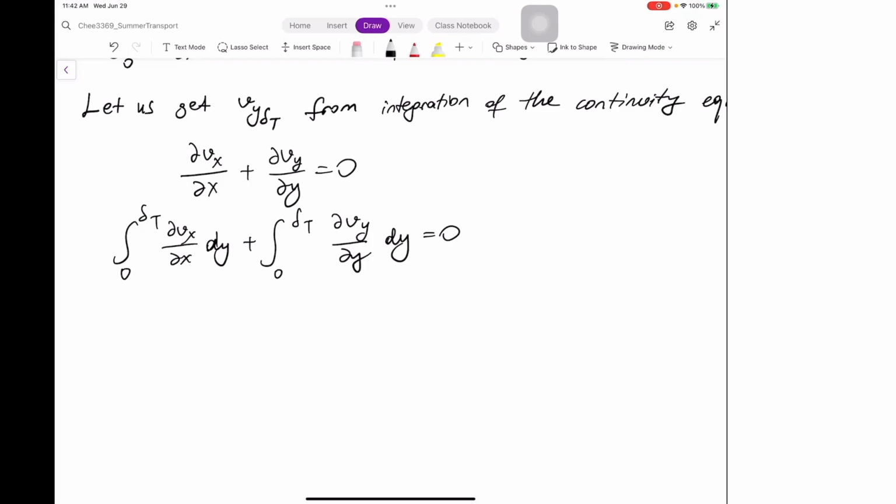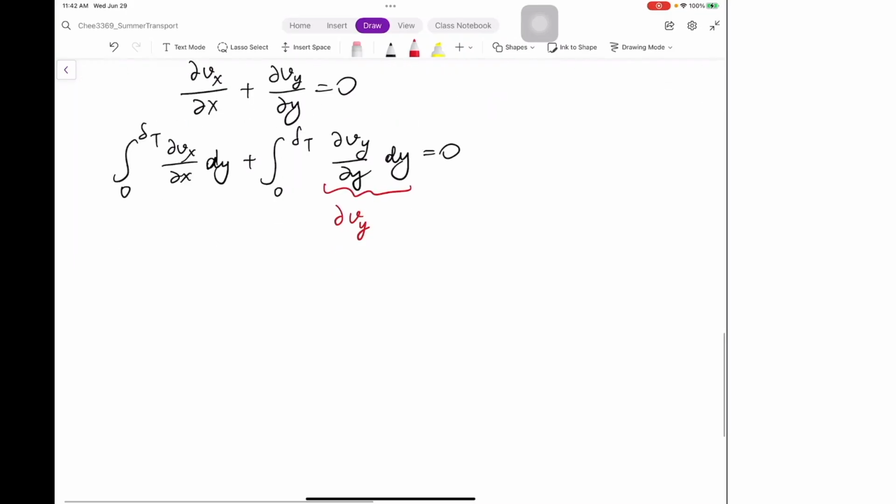And this is nothing but del Vy, right? So this entire thing is going to be Vy calculated at delta t minus calculated at 0, which is actually equal to Vy delta t, right?